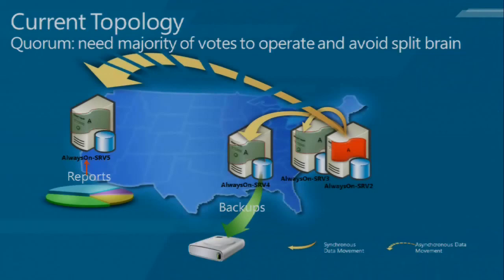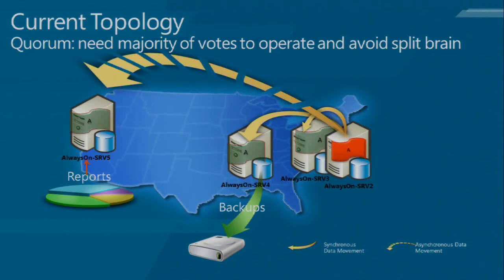Okay. So let's talk about the current topology at this point. Your current topology is I have AlwaysOn SRv2, SRv3, SRv4, and SRv5. Sorry, I did the failover. That is why in this case my primary is SRv3. Assume I had done a failover back to SRv2.